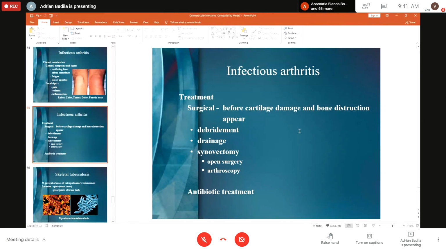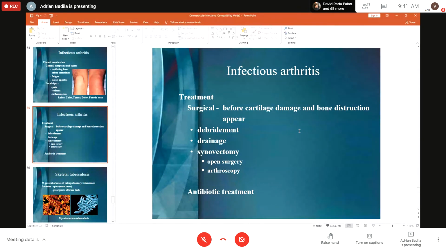The surgical treatment must be performed before the patient will have cartilage damage and bone destruction. The surgical treatment consists in debridement, drainage, synovectomy by open surgery or by arthroscopy, because this synovium represents a deposit of germs.